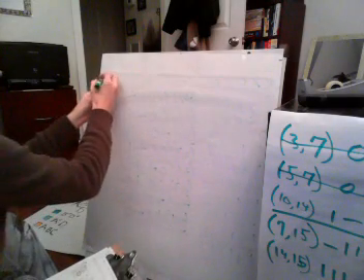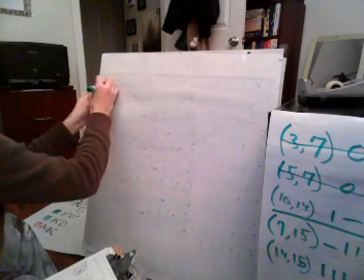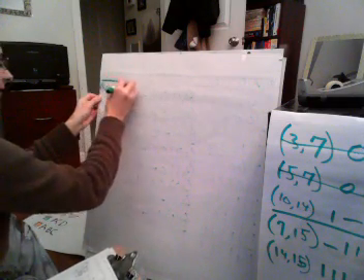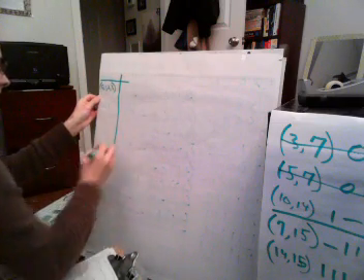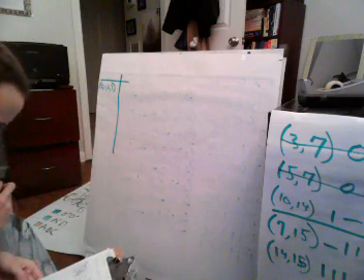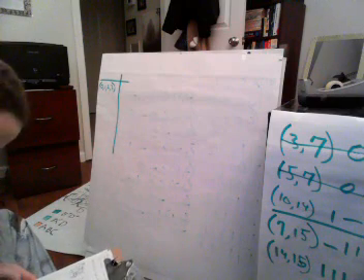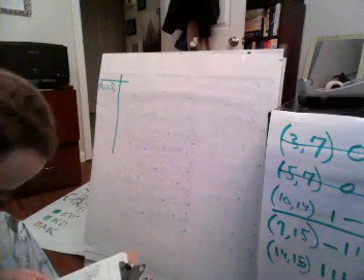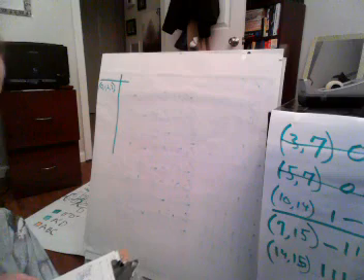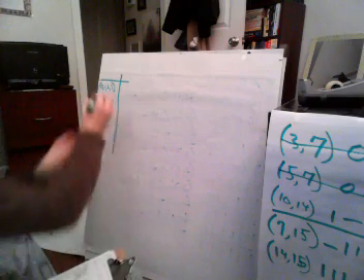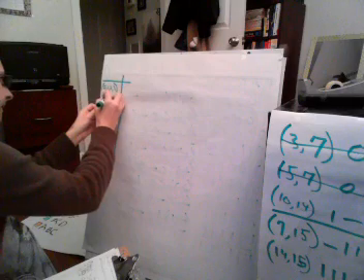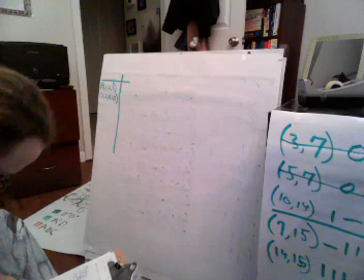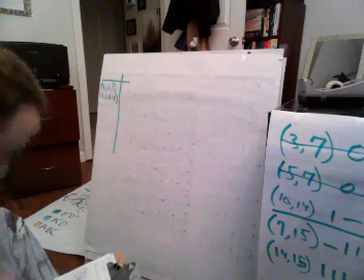So the first grouping is 0, 1, 2, 3. Since I have this as a grouping, I will do 0, 2, 8, 10. Then I have 1, 3, 5, 7.